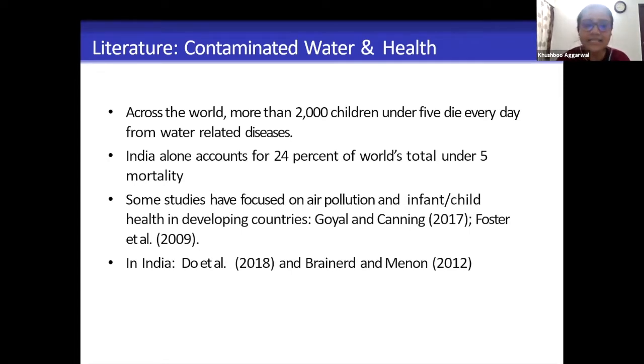There have been several studies which focus on the effect of environmental degradation on child health outcomes. Some of these studies focus on the impact of air pollution on infant and child health in developing nations. For instance, a study by Boyle and Canning shows how elevated levels of air pollution create a negative impact on fetal health and on several child indicators in Bangladesh.